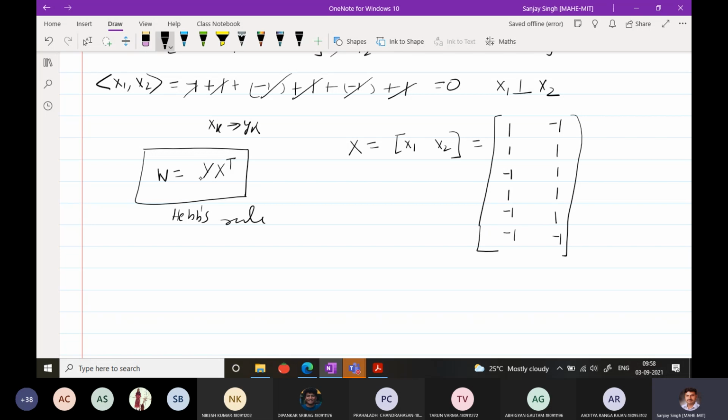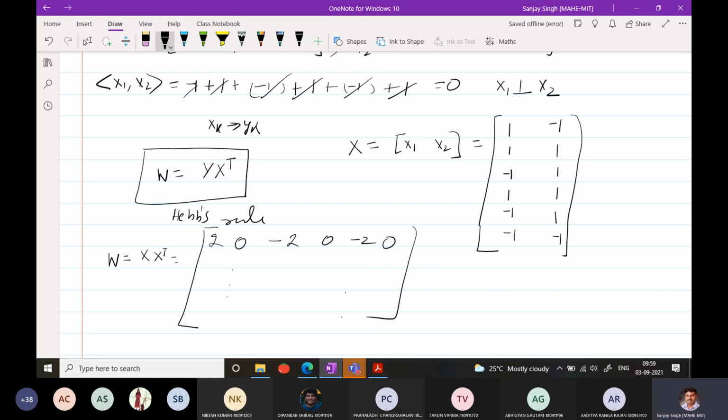An auto associator means y is nothing but x itself. So in this case, your W will be nothing but x x transpose. When you substitute all these things into place, you have something like 2, 0, minus 2, 0, minus 2, 0, etc. For the sake of time, I'm doing this quickly, you can fill it up, right? So you'll be able to get this kind of matrix.